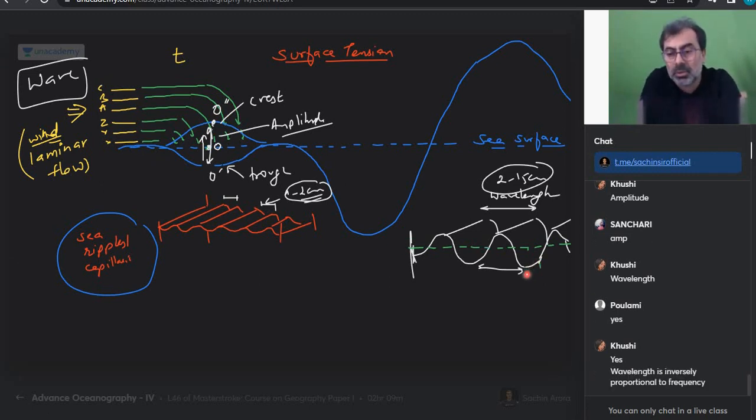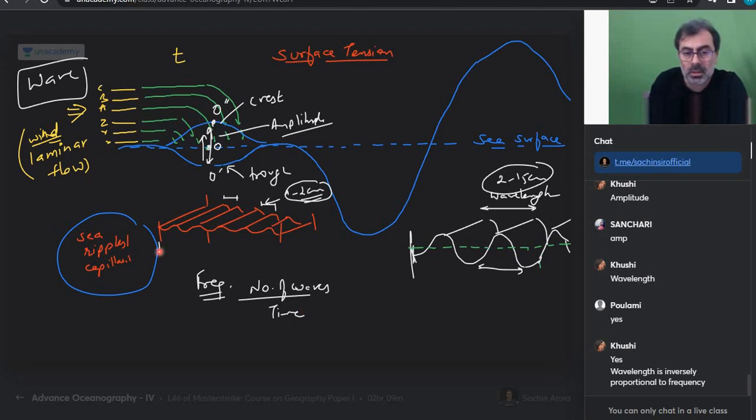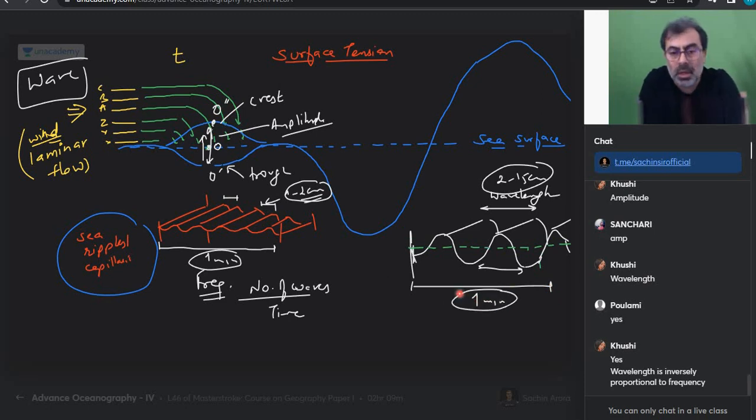So wavelength is inversely proportional to frequency. Thank you for informing that. What is frequency? Frequency is number of waves per unit time. Do we get that? So this is in 1 minute. This is in 1 minute. Is everyone okay? How many waves passed in 1 minute in case A? Please count.